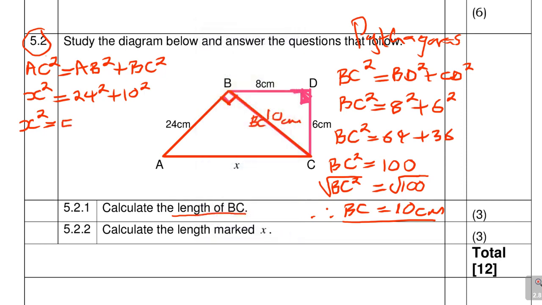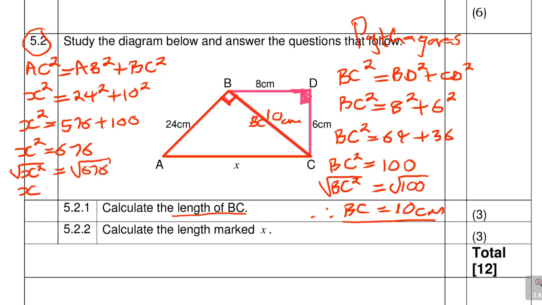So I've got 576 plus 100. Are you getting that? 10 squared. So X squared is equal to 676. You know how to get rid of that square. You square root both sides. Square root of X squared is equal to square root of 676. Are you with me?